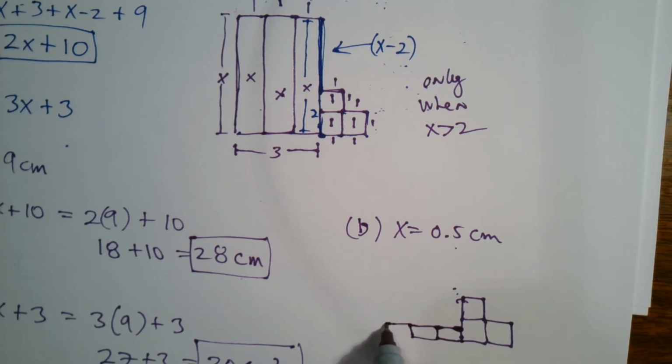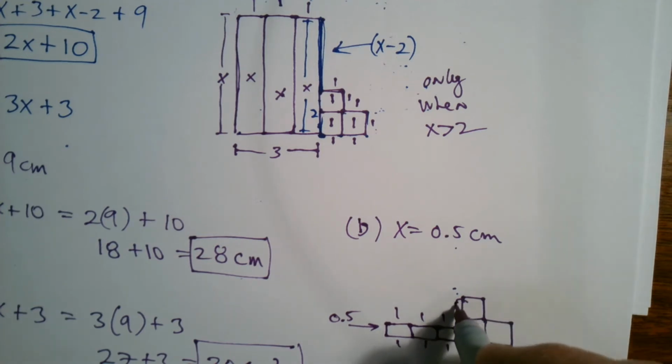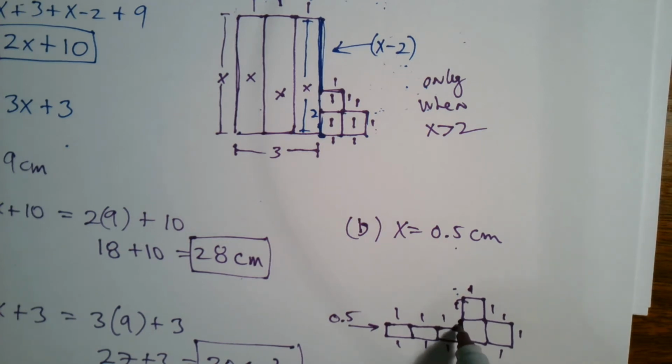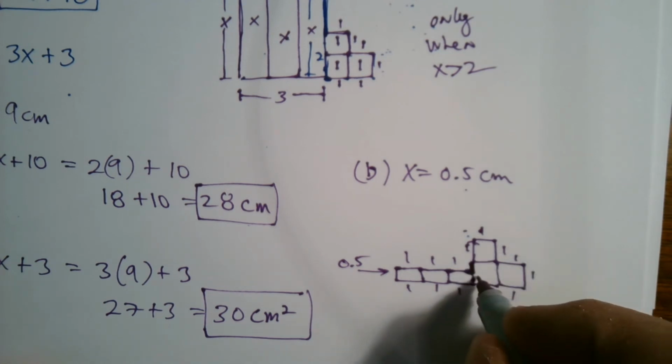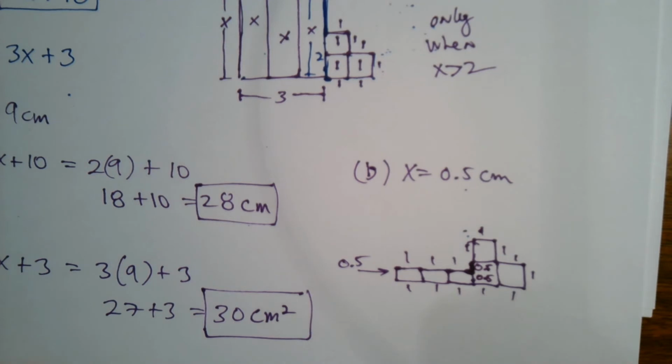So what I have here is that length right there is 0.5, but each of these still are 1, right? The x is 0.5. That's 1, that's 1, 1. So all the way around it's 1, but right here, this little piece is also only 0.5, right? Because this is 0.5 here, so that's 0.5, that little piece there.